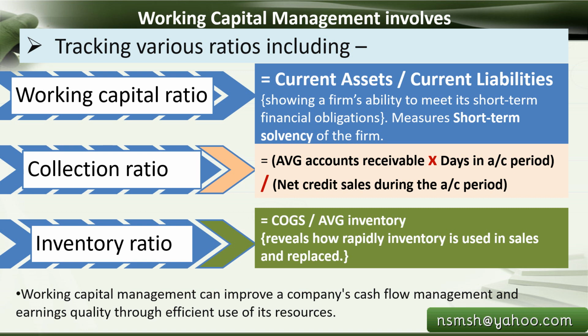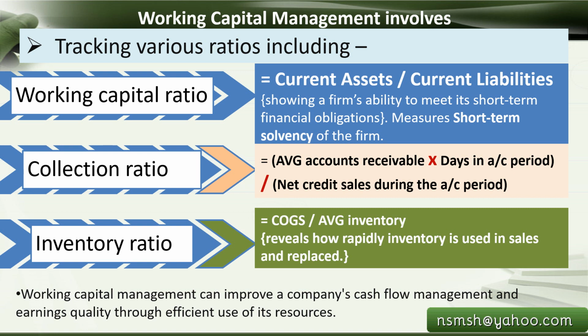That is multiplied by the days in the accounting period, that means the collection period, and divided by net credit sales during the accounting period. So that's how we see how good we are at collecting the net credit sales. That is the idea.